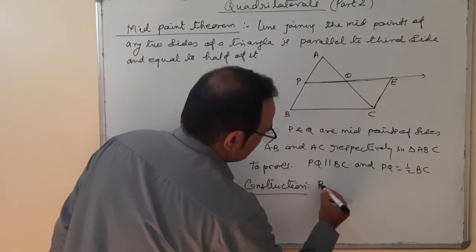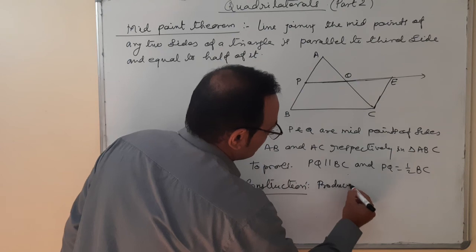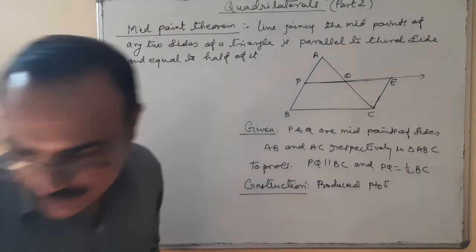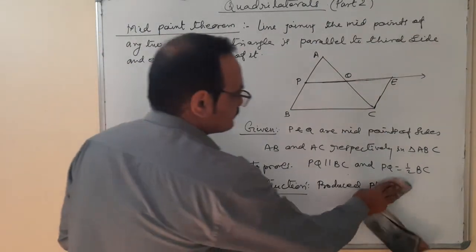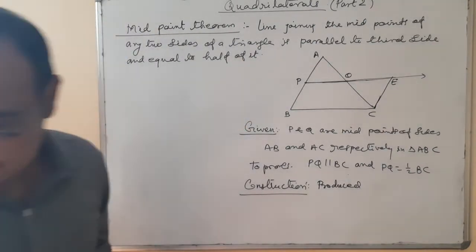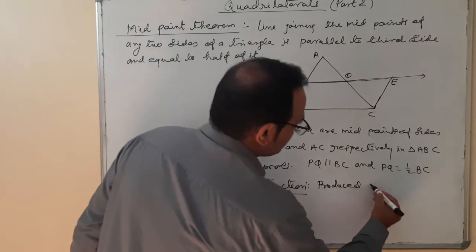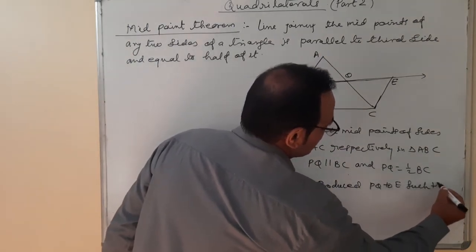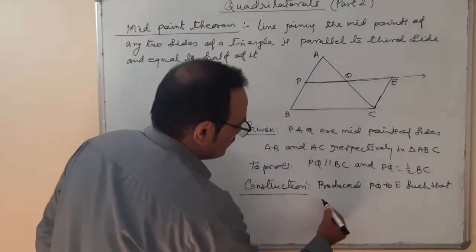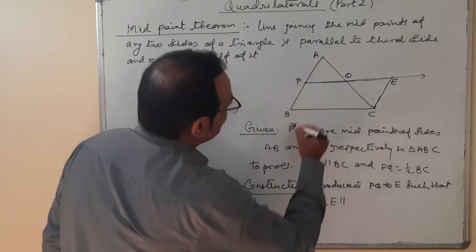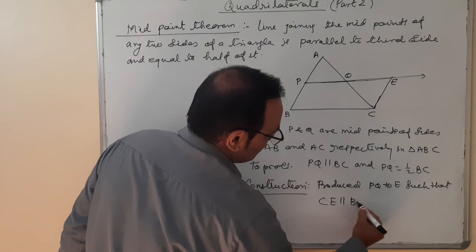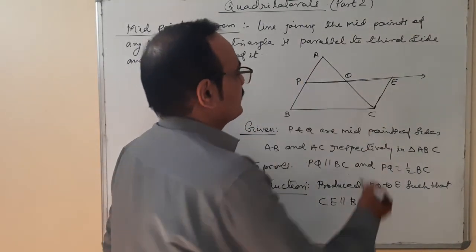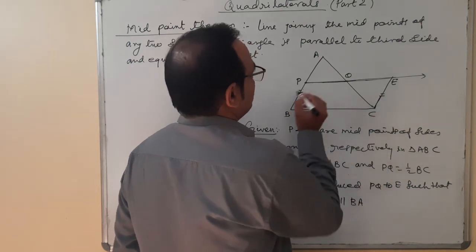Produce PQ to E such that CE is parallel to BA or BP, anything. Is it okay? CE is parallel to BA or BP.